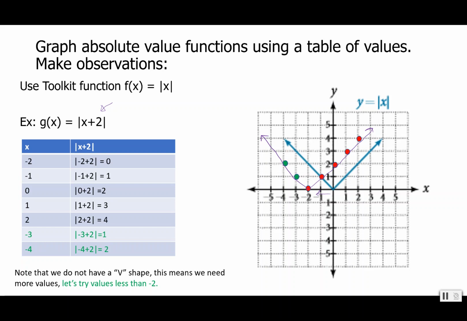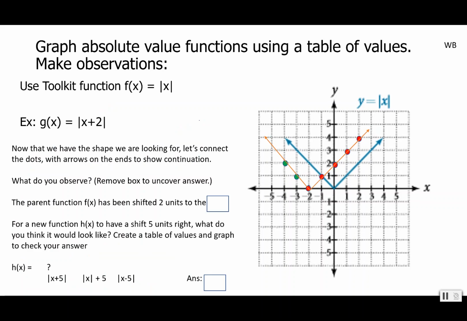So the plus 2 is actually going to go in the negative direction 2 units. All right, so what's happened here is the parent function has been shifted 2 units to the left.